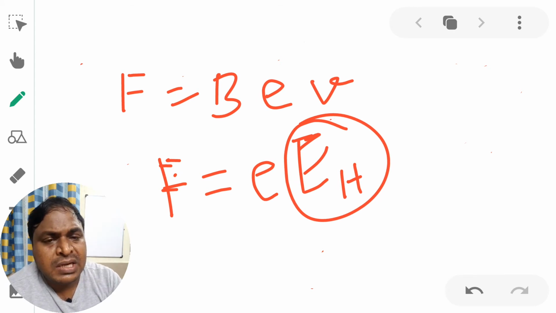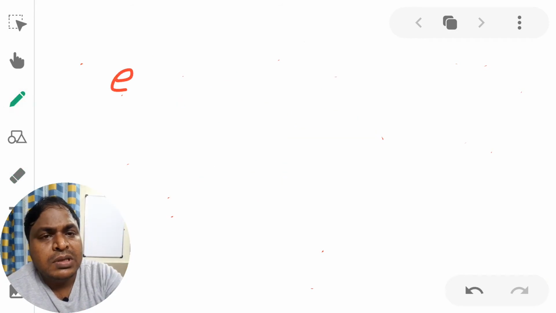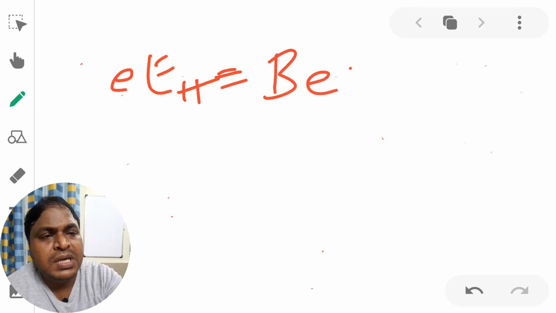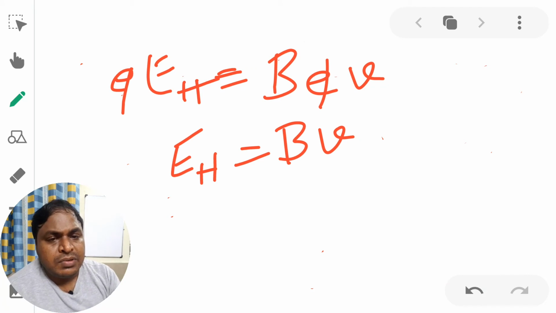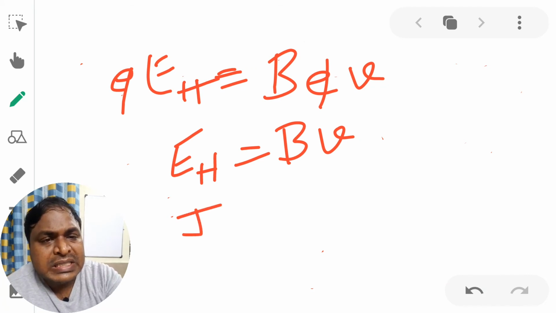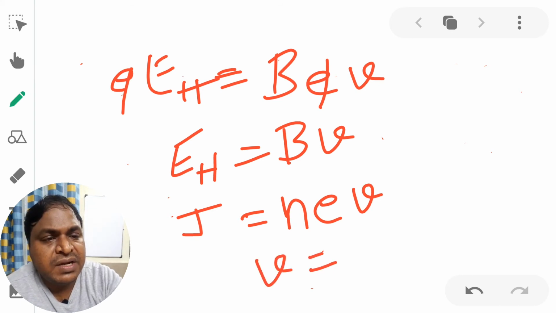Okay, now at equilibrium, let's equate both these things. eEH is equal to BeV. So e and e will get cancelled. So EH is equal to B into V. Now, current density J is equal to neV, or V is equal to J by ne.